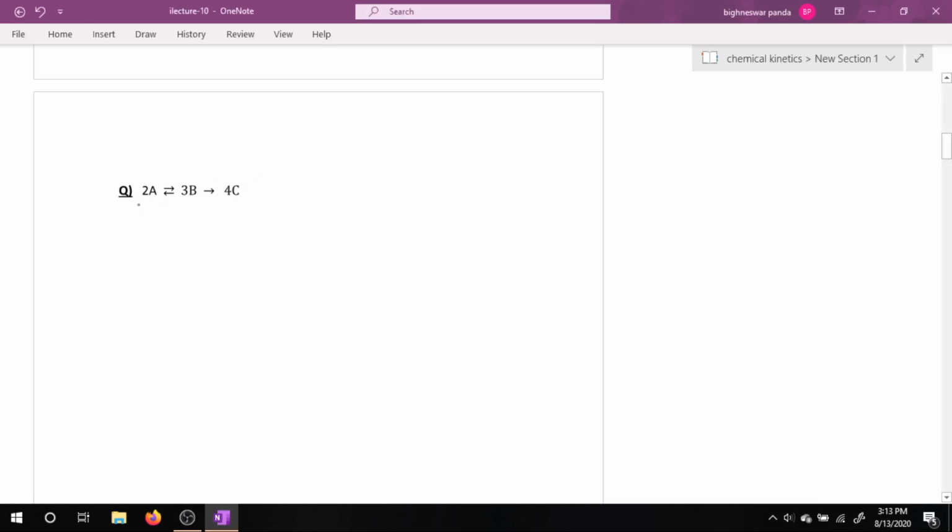So this is the equation: 2A gives rise to 3B, 3B gives rise to 4C, with rate constants k1, k2, k3, and I have to calculate the value of dA by dt plus dB by dt.